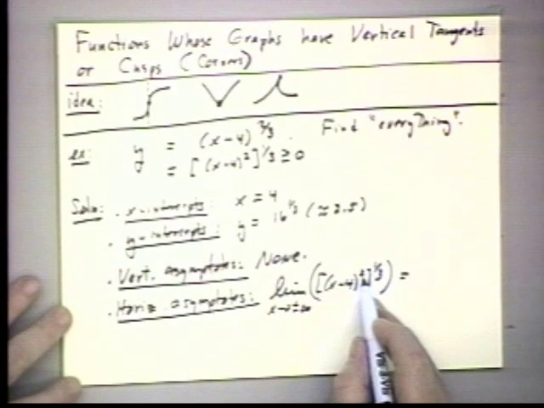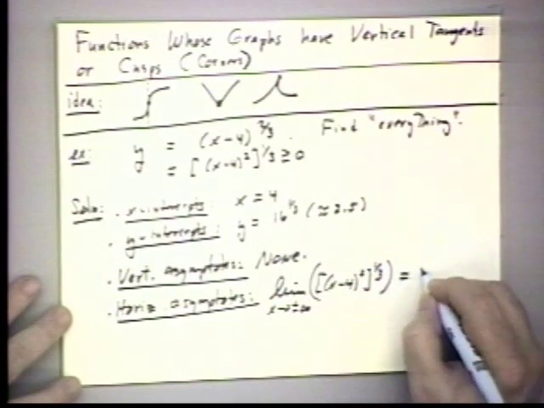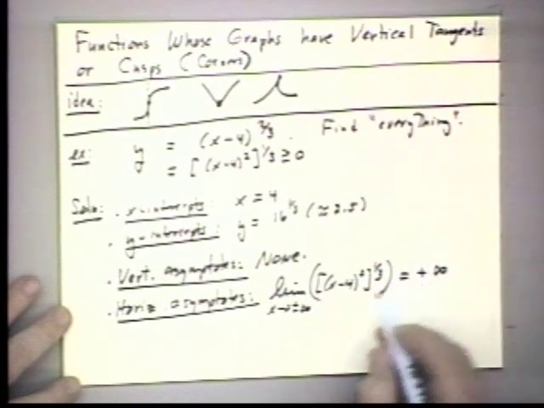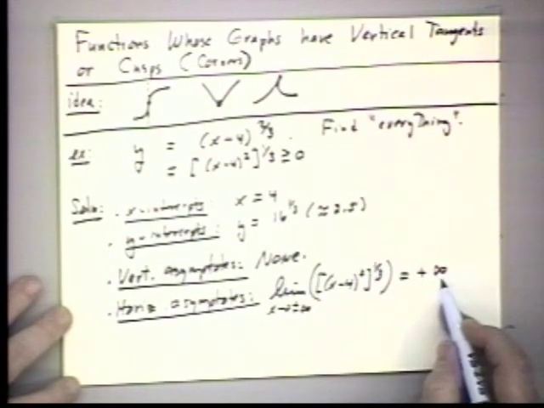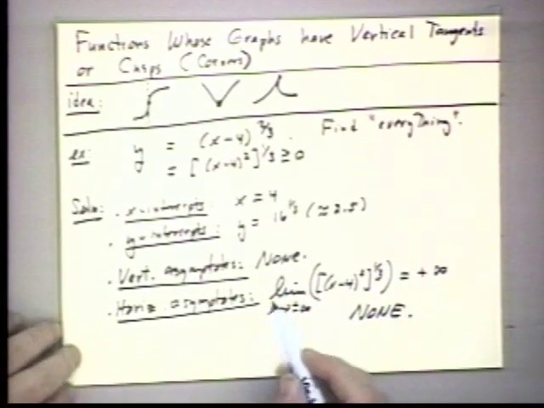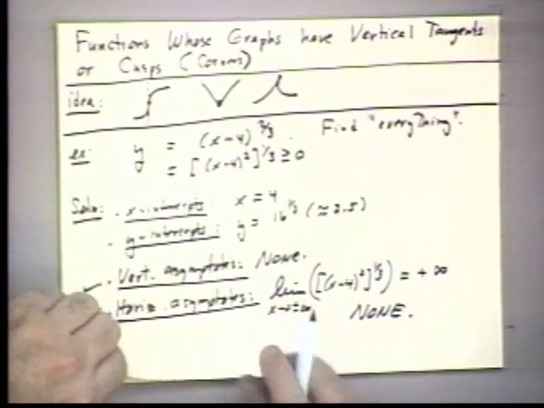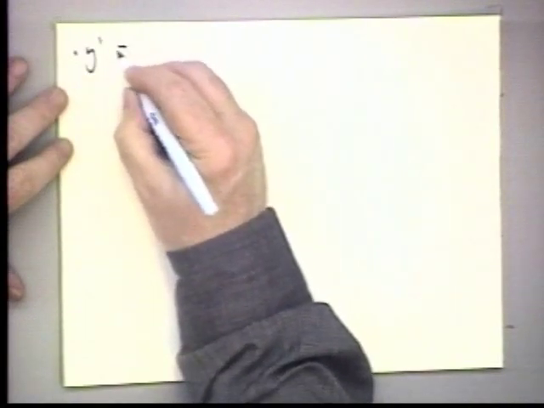It's getting squared and very large, and then the cube root of a very large number is large. So what happens in the end is that this heads off to infinity. Since this is not going to a real number, there are no horizontal asymptotes. So there are none of those either. Well, that's interesting, and certainly makes this easier to look at. These two don't exist. Let's continue on. The next thing we want to look at is our first derivative.